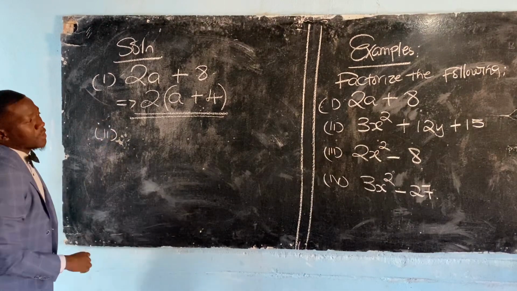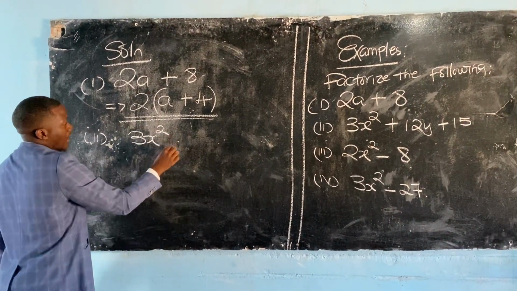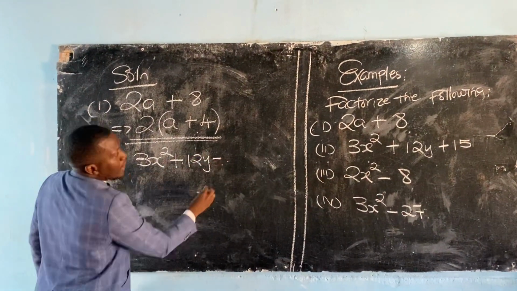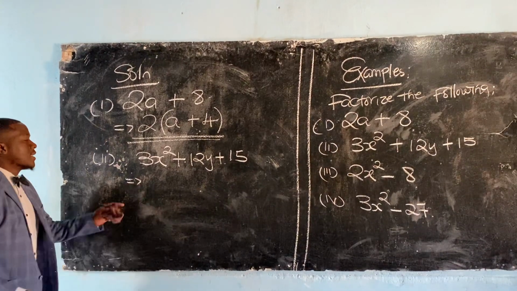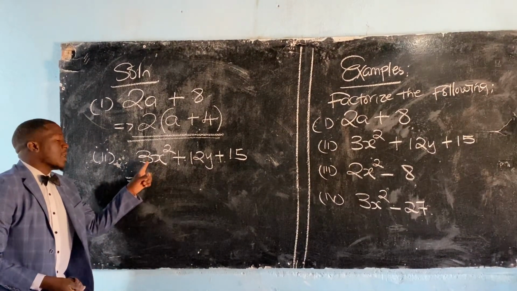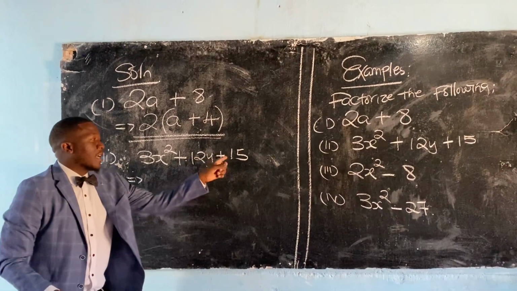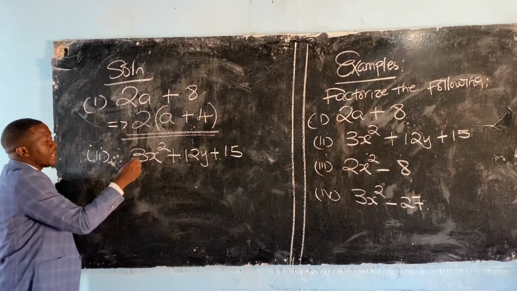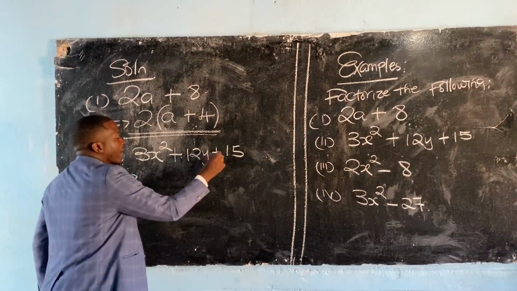Then on Roman numeral 2, we're going to say 3x squared, plus 12y, plus 15. We're going to find that x is with 3, 12 is with a y, and 15 doesn't have a variable. This means the only common term will be a number, which can be divided into 3, 12, and 15.